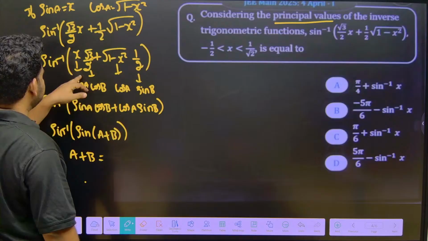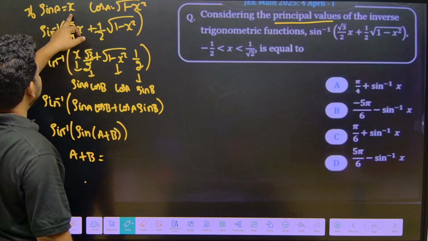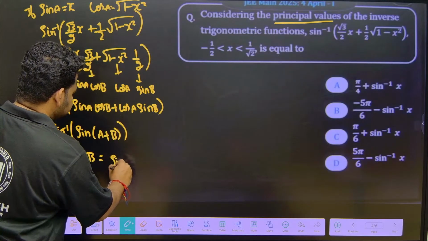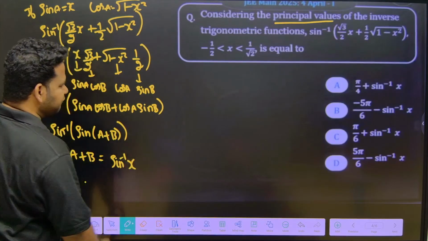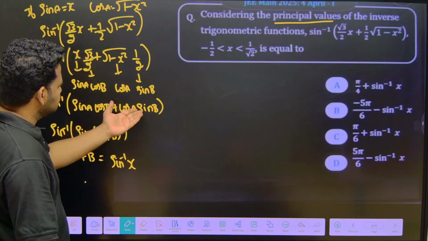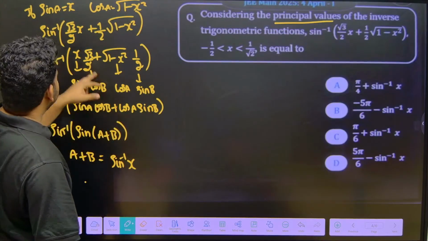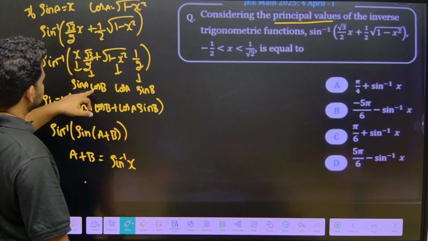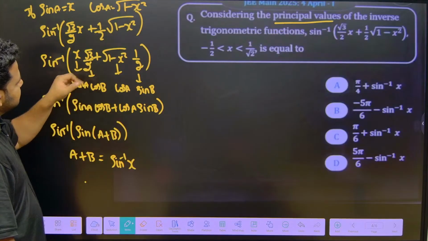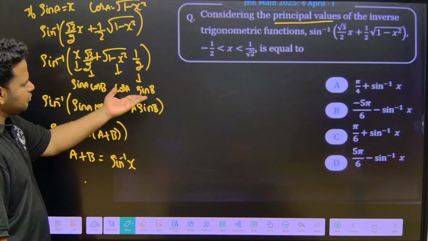Where A is equal to what? What is the value of A here? So sin A is equal to x, so A will be equal to sin inverse of x. Now cos B, or let me take sin B only. Cos B is equal to root 3 by 2, or if you want in terms of sin only, let us take it.